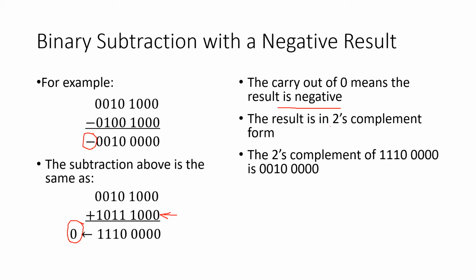And this result will be in 2's complement form. The 2's complement of 1110 0000 is 0010 0000. So regardless of whether we perform this subtraction through brute force, as shown here, or through 2's complement addition, shown here, the result is the same.